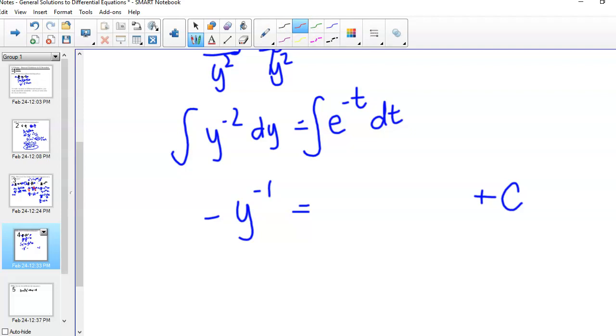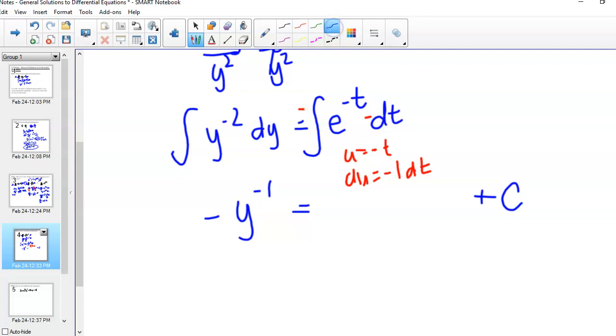Now, for the right-hand side, this is just slightly more complicated than the left-hand side. We do have a teeny tiny u-du substitution here. Our u here would be negative t, which means the du would be negative 1 dt. So with that dt, we need that negative, which means we would have to add the negative out front.